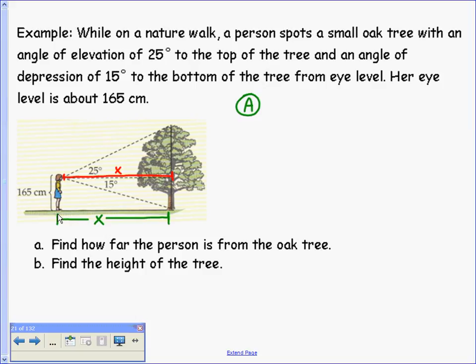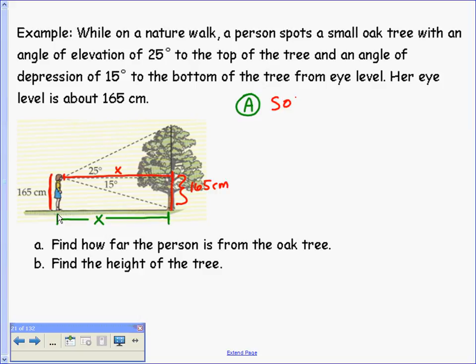So those are both going to be x values. If I can find the red x, then I have the green x. Because I also know that if this length here is 165, then this length here is 165 centimeters. Okay, and now we've got our problem set up and ready to go.